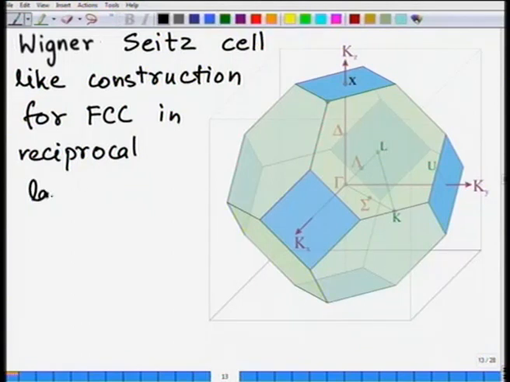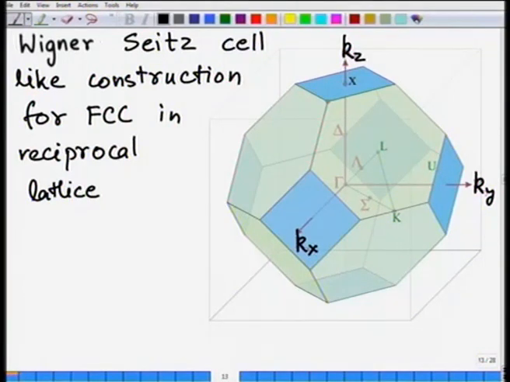Since in reciprocal lattice it looks like BCC, let me first label the axes again: kx, ky, kz. Small k is what I should write, not capital K, just to show the directions. Since it is transformed to BCC, the Wigner-Seitz cell looked like this for BCC.